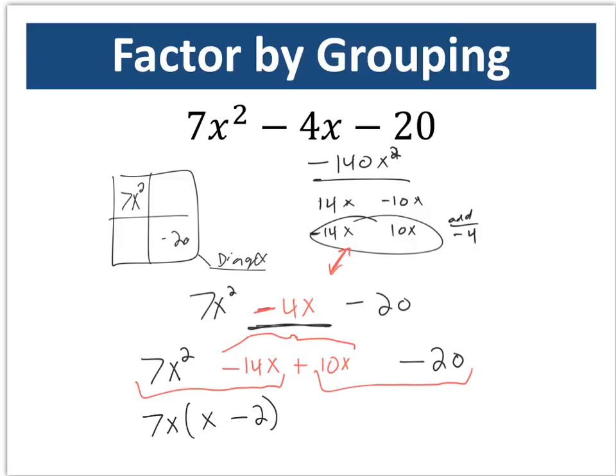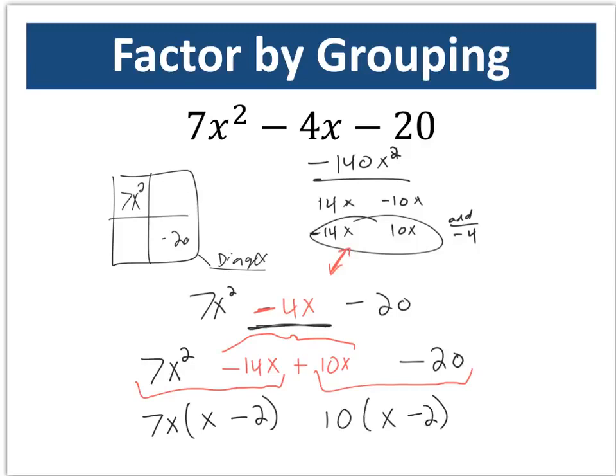And in this second term, I'm left with 10x and negative 20. Well, 10 is a common factor, so I'm going to pull out a 10, and I'm left with x minus 2.